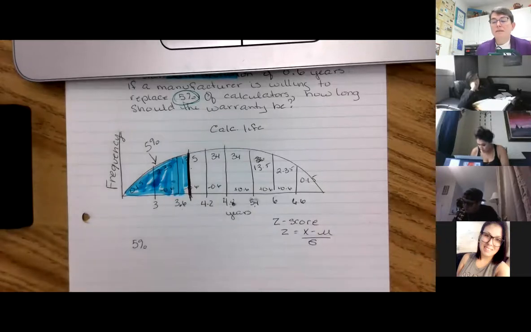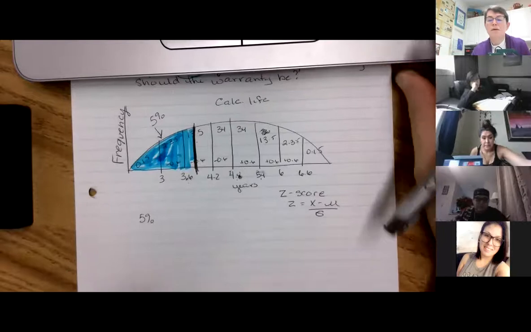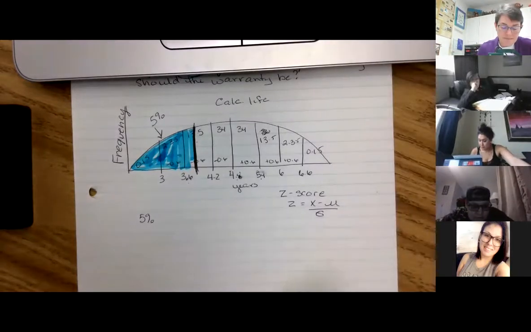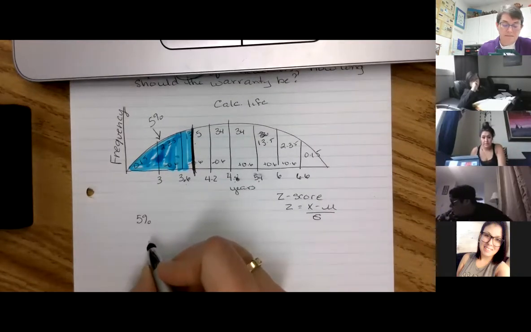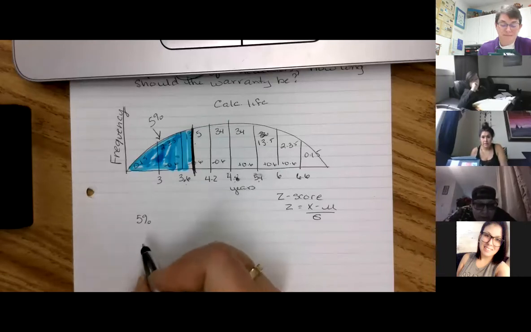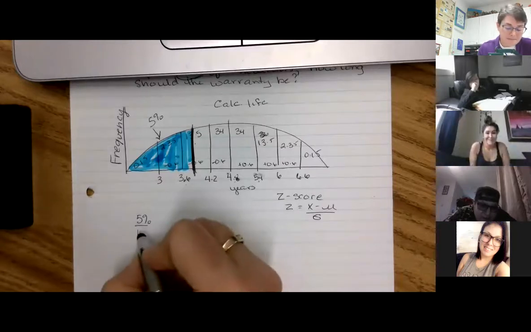All right, Mr. Brad, how do I convert 5% into a decimal? You divide it by 100? Yes.